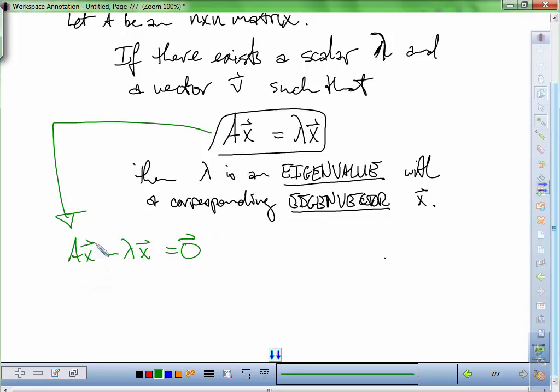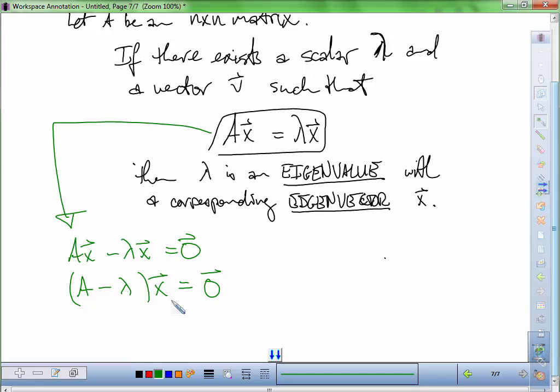Now, with our algebra training, we look at something like this and say, oh, it's equal to 0. Boy, I'd sure like to factor out x, right? So now we're going to have a big problem here, because if I factor x out, this totally is not going to make sense anymore, because I have a matrix minus a scalar, and you can't subtract them.